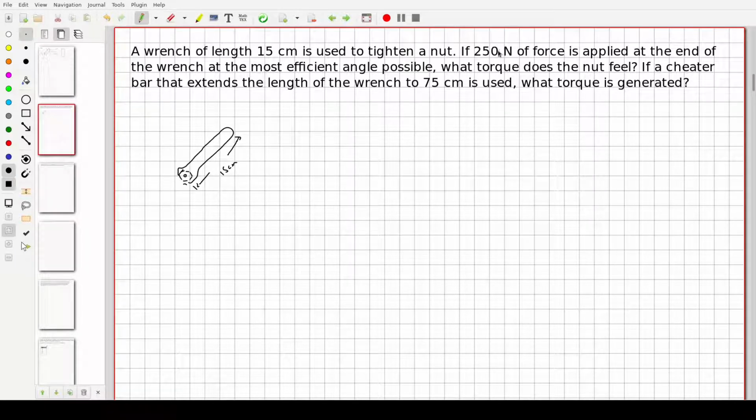Now, here it says we want to apply 250 newtons of force at the most efficient angle possible. So if you think of this as being R, the F that we would want to use would be the one that gives us the angle in which all of the force does the rotating. So you want that to be 90 degrees.